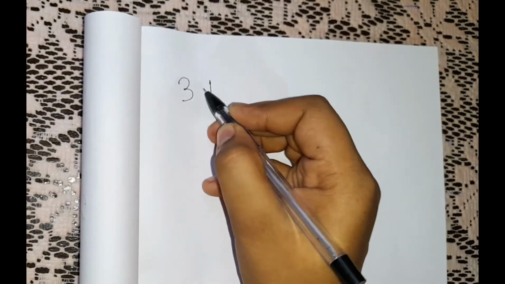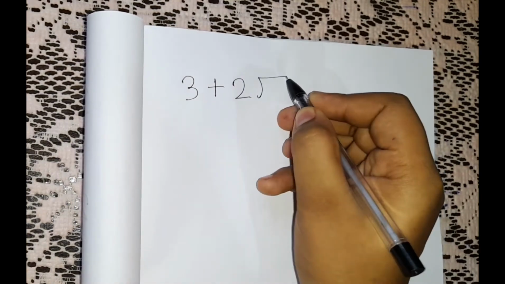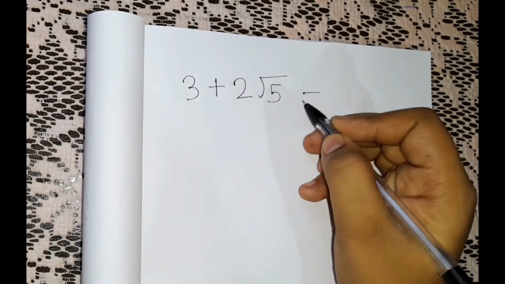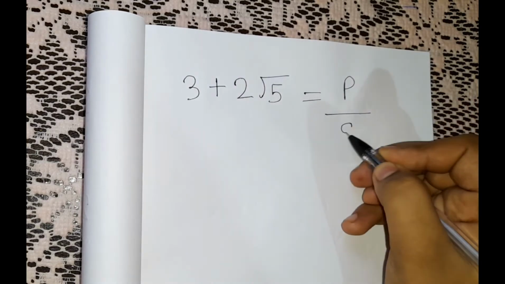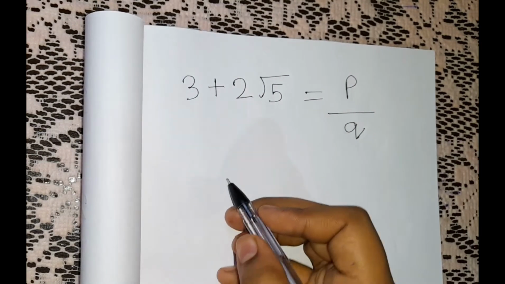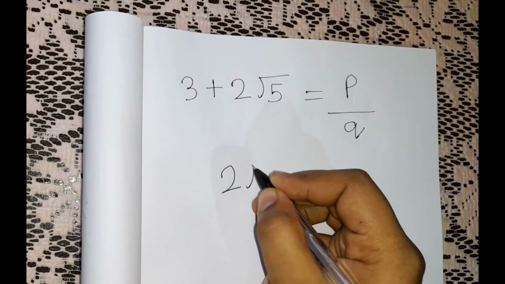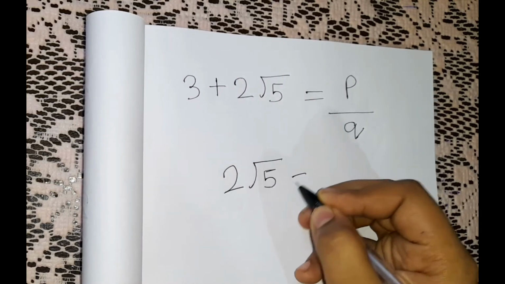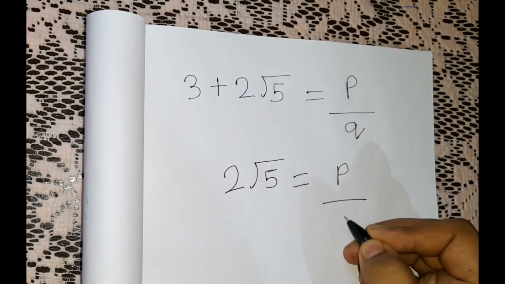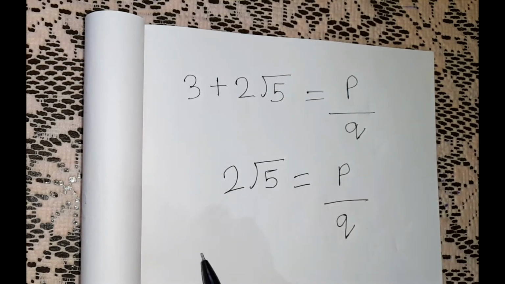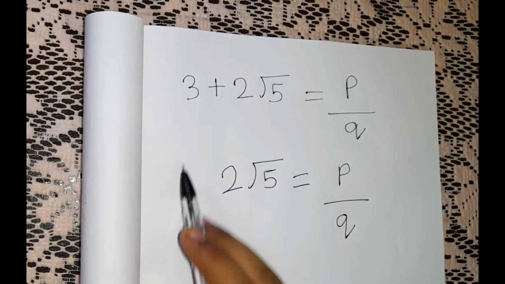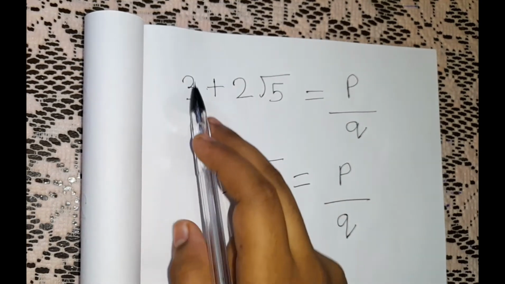Now let's write the form, that is 3 plus 2 root 5 is equal to p by q. Now we shall write 2 root 5 is equal to p by q. You might think, what about 3? Here the 3 is in addition form, plus 3.